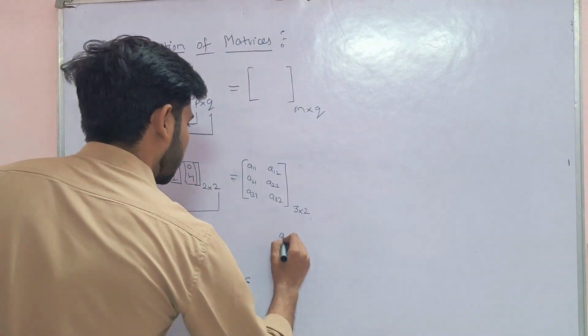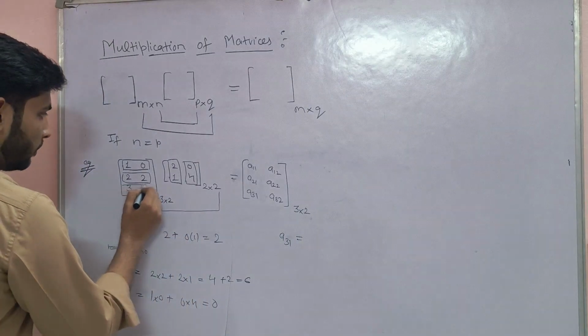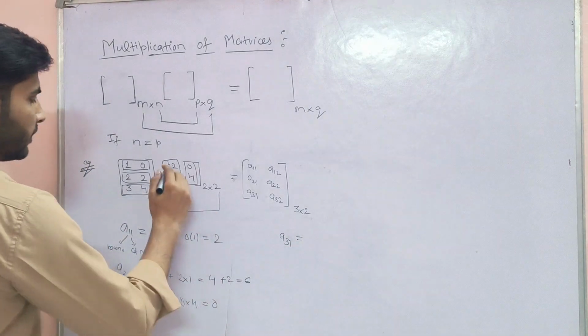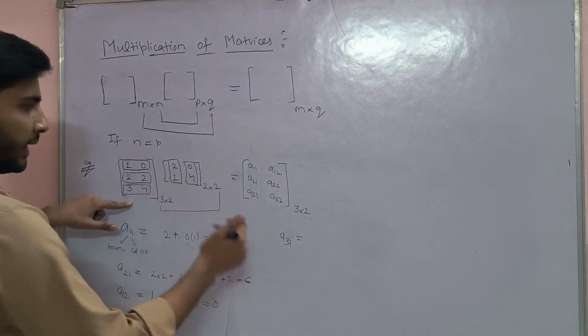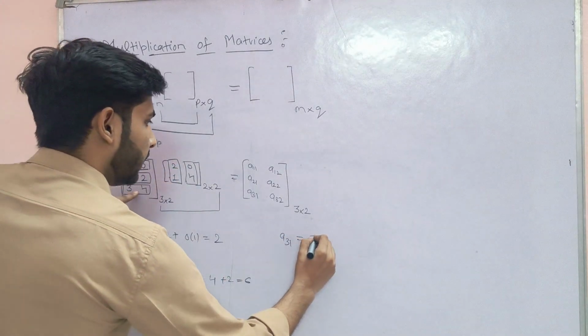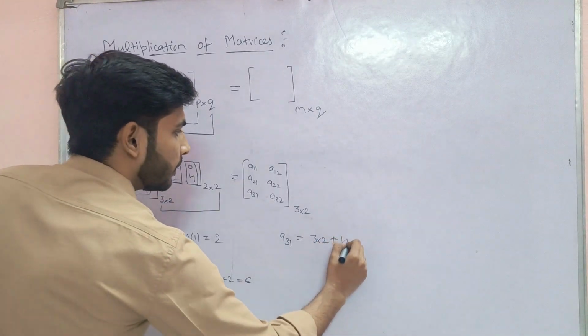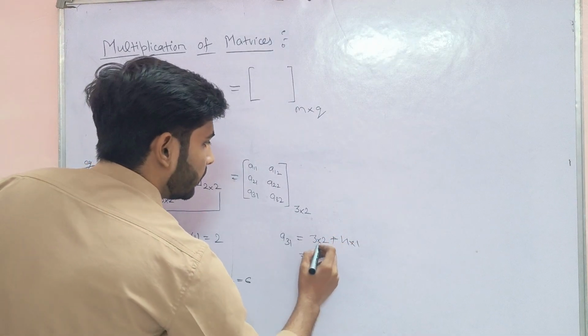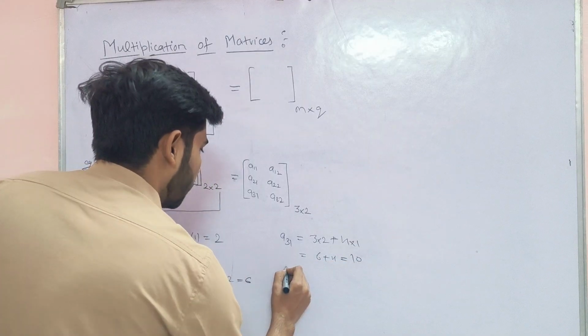And A31: we take the third row and first column. So multiply corresponding elements and then add: 3 into 2 plus 4 into 1, 6 plus 4 equal to 10.